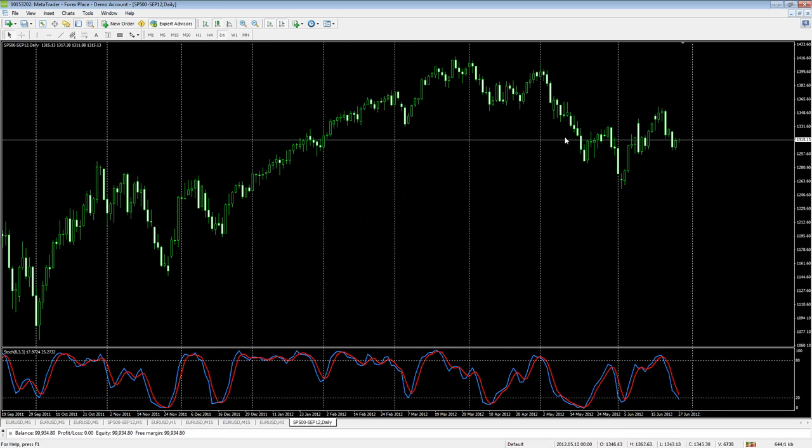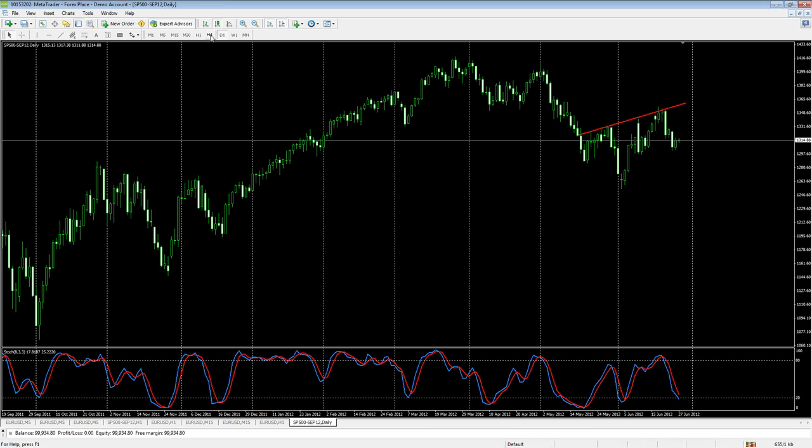We talked about the potential reverse head and shoulders, and eventually it didn't really manage to break above the neckline. So there was this sort of left shoulder, head, right shoulder, and eventually it didn't make it and went down.